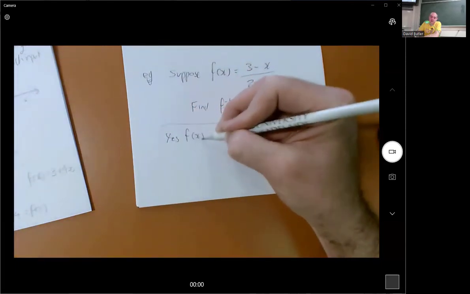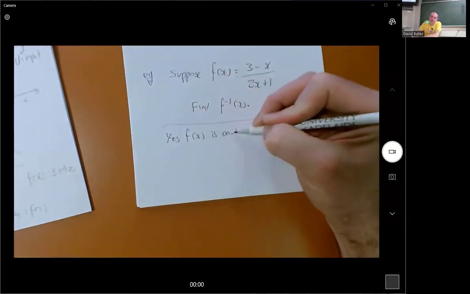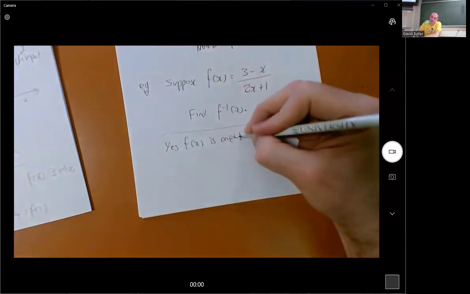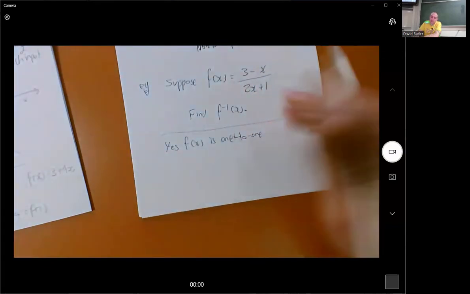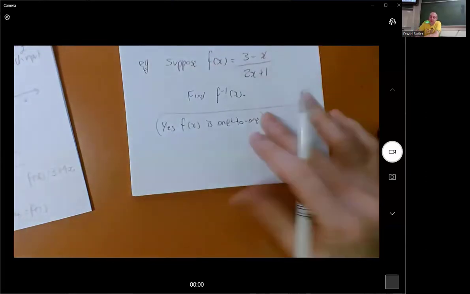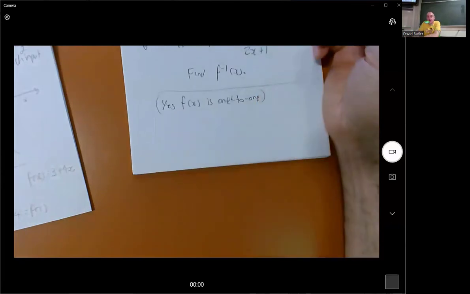Yes, f of x is one-to-one. Okay. So, all right. So the inverse really does exist.